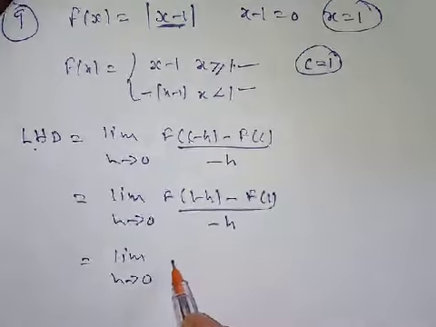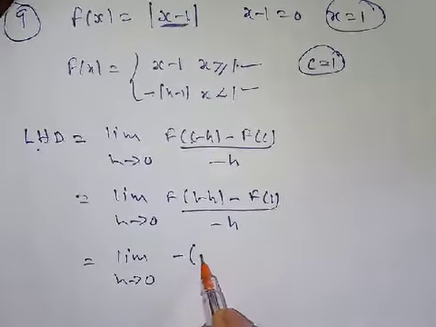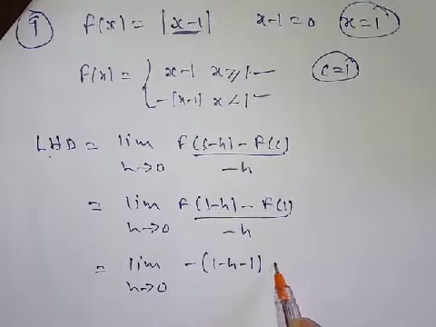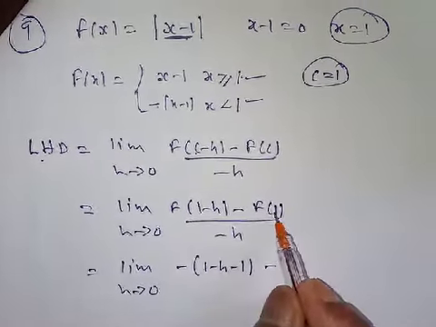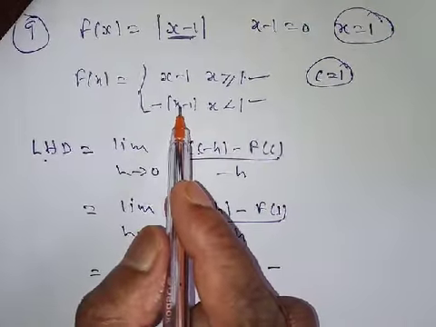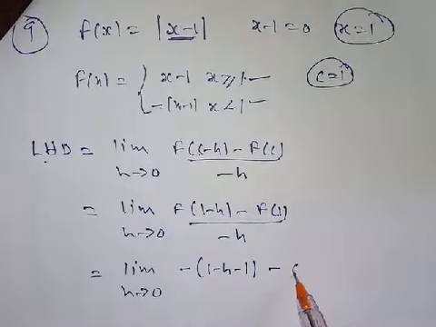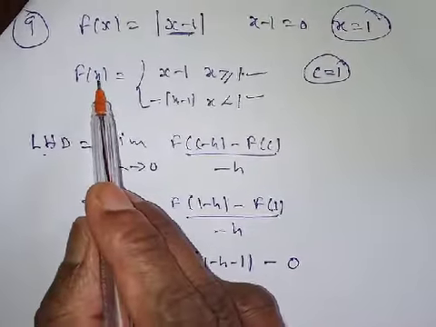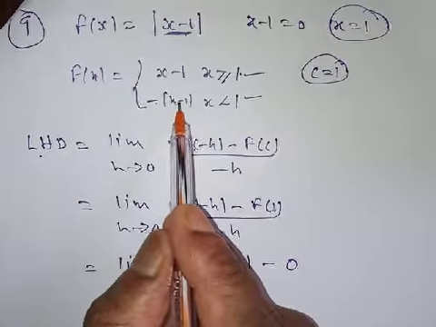So f of x is minus of (1 minus h minus 1). What is f of 1? f of 1 is here 0. If we substitute 1 here, we are talking 1 minus 1, which is 0.